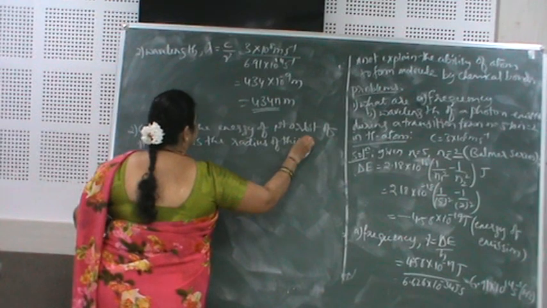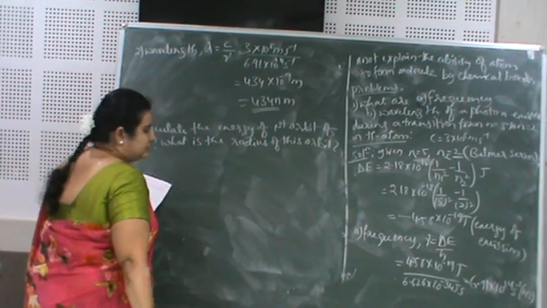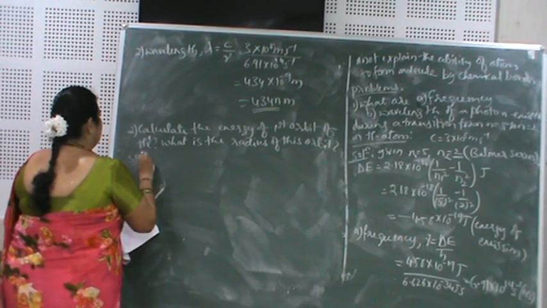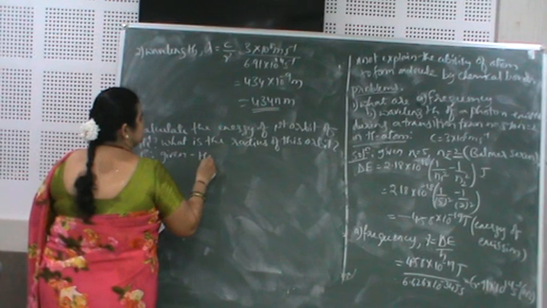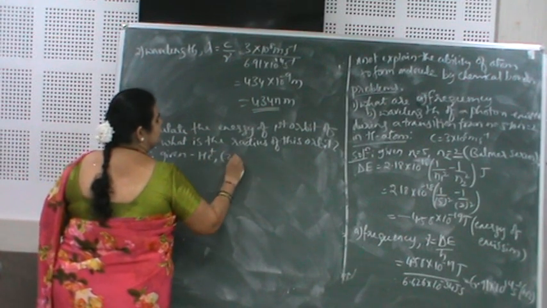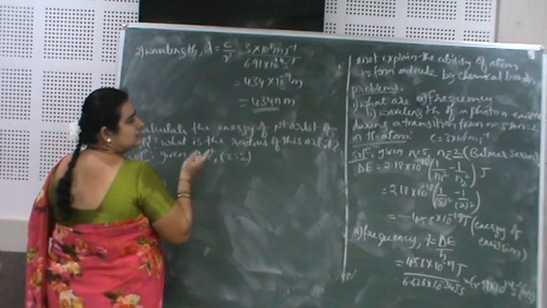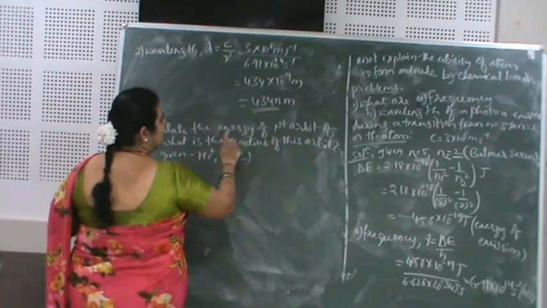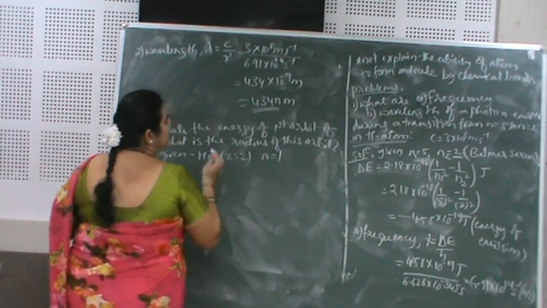Solution: first write what is given. For He plus, Z is equal to 2, and it is a one-electron species like hydrogen. You are asked to calculate the first orbit, so here n is equal to 1.